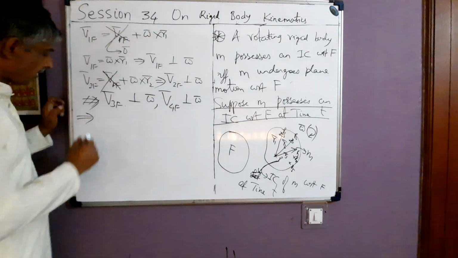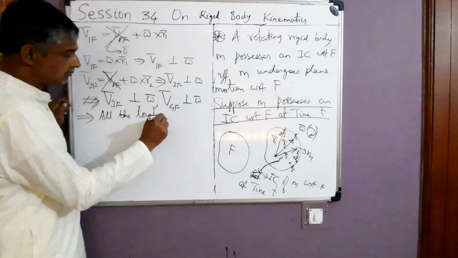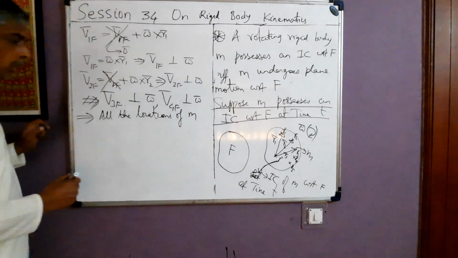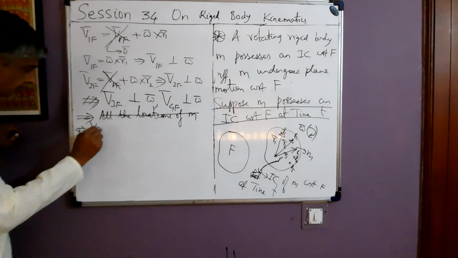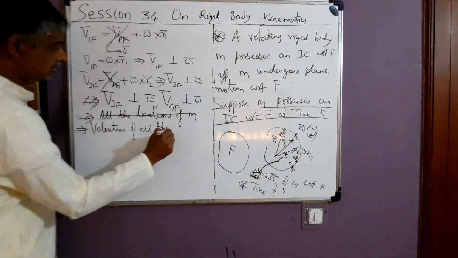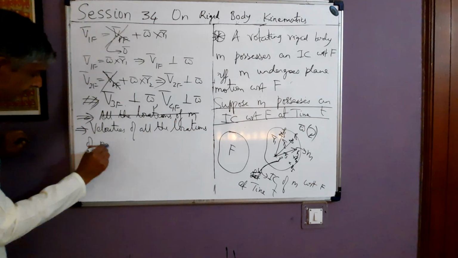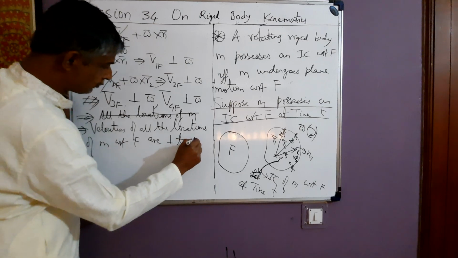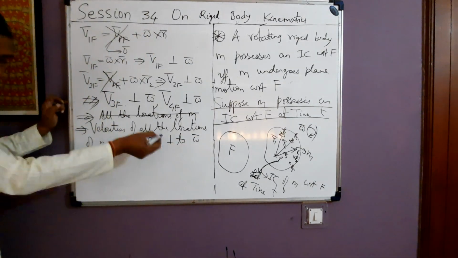So this means velocities of all the locations of M with respect to F are perpendicular to omega, where omega is the angular velocity of M with respect to F. But this is the case of plane motion.